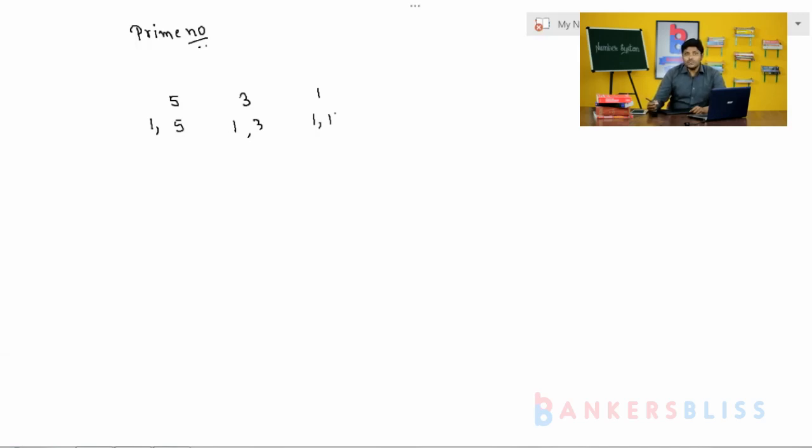Prime number means any number having only two different factors. Those numbers are called prime numbers. If you take 5, it has two different factors, 1 and 5. If you consider 3, it has two different factors, 1 and 3. But if you consider 1, do you have two different factors?